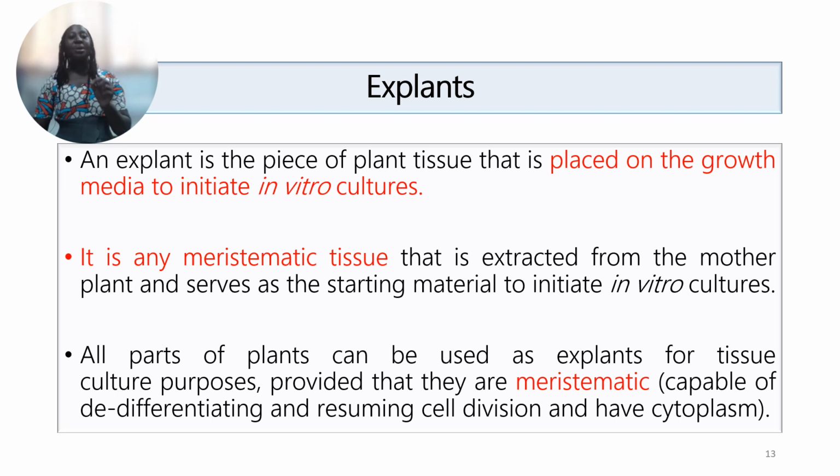So it is any meristematic tissue that is extracted from the mother plant and serves as the starting material to initiate in vitro cultures. All parts of plants can be used as explants for tissue culture purposes, provided they are meristematic. That means they should be capable of differentiating and resuming cell division, and have cytoplasm.